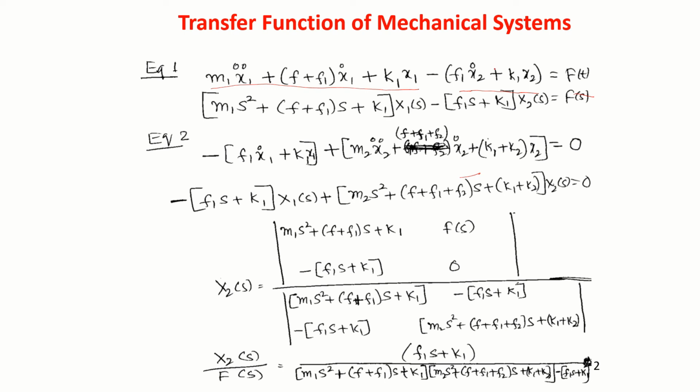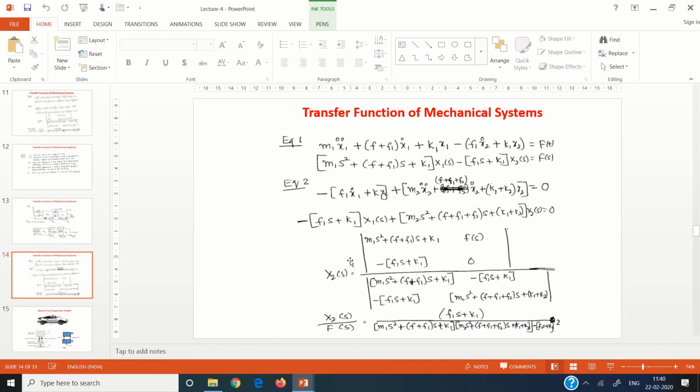Replace as per Cramer's rule this term by this term and this term by this term in the numerator. Yes, that's what I have done. Okay. This is A1. This is B1.